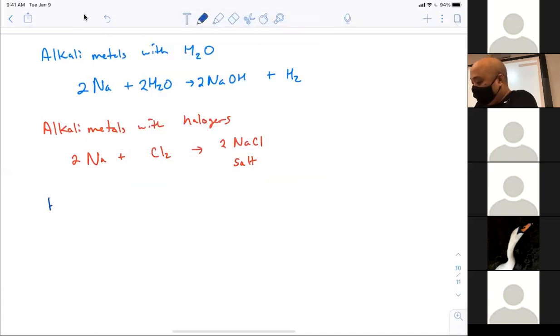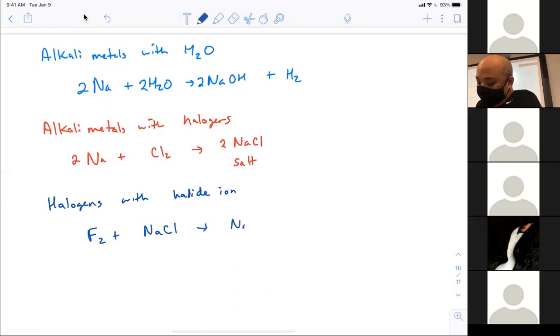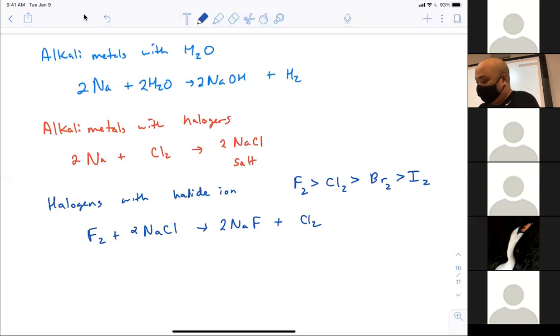The last one is halogens with halides, halide ions, meaning the ion form of the halogen. Now, you have to remember here that this only happens if the halogen that's by itself is more reactive than the halogen that's in the compound already.